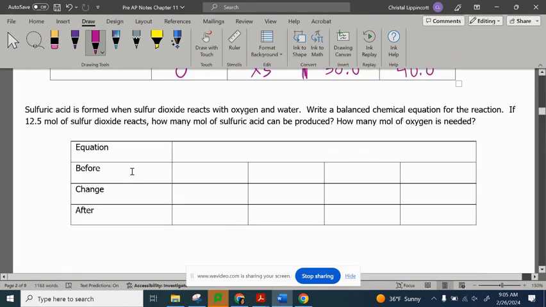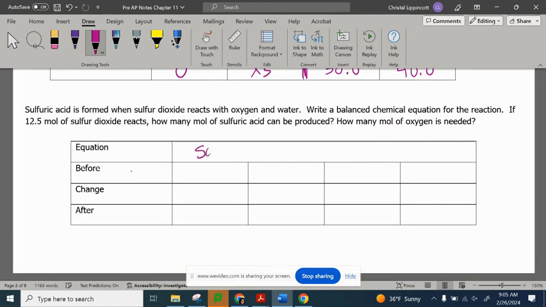All right, sulfuric acid then. Sulfuric acid is formed when sulfur dioxide reacts with oxygen and water. And we're forming sulfur dioxide. All right, 2 sulfur. Okay, that's not balanced. I'm going to have to put a 2 here then. I have to put a 2 here then. So now I've got 4 hydrogens, 2 sulfurs.